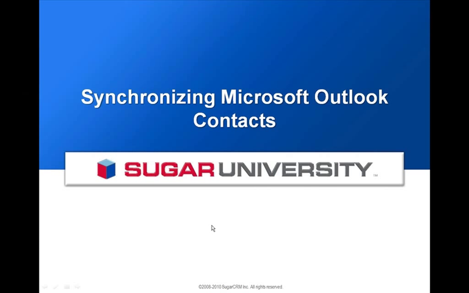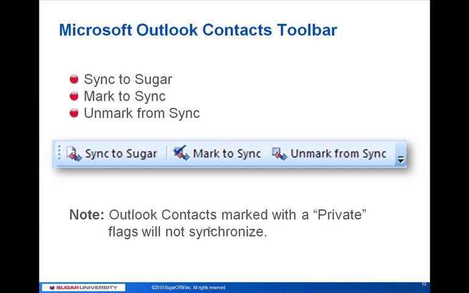And when you first get into Sugar, sometimes some customers, most of the sales reps' contacts are in Outlook or in their email. And so the best way to populate Sugar is to get those contacts over into Sugar by syncing them up.